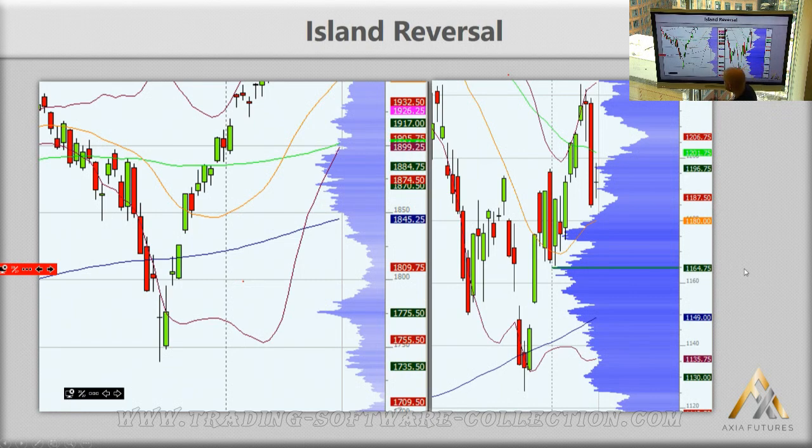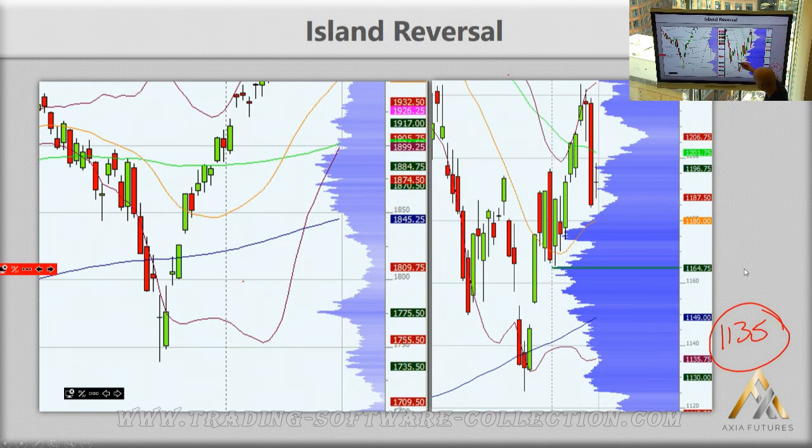Now, neither of these island reversals in the S&P, and just a clue as to how long ago they were, S&P trading at 1135, so this was a long time back. I think probably 2009, maybe 2010. What you're looking for, and this one, the textbook is it's done on 1 day, but the principle holds whichever.